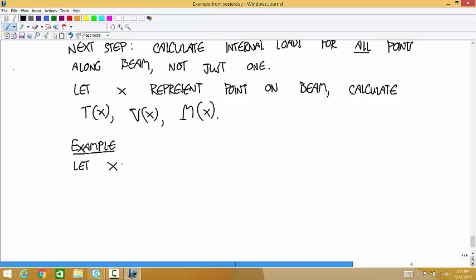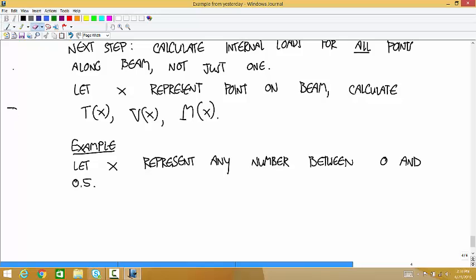Let's let x represent any number between 0 and 0.5. And let's try to calculate the internal loads.